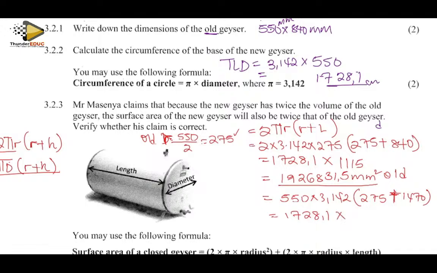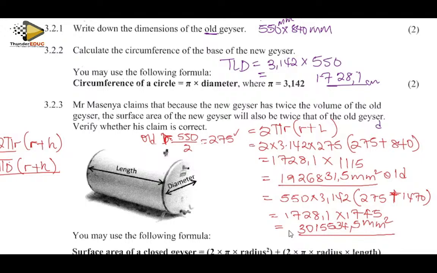Times 275 plus 1,470. We multiply this to get the answer, in square millimeters, right?